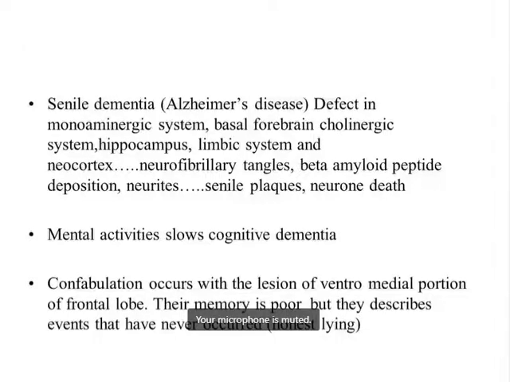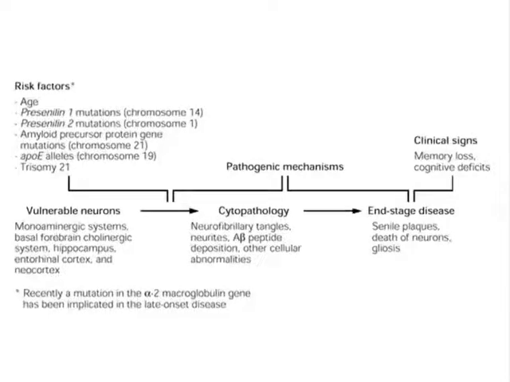This is Alzheimer's disease. The vulnerable neurons are in the monoaminergic system, basal forebrain cholinergic system, hippocampus, entorhinal cortex meaning parahippocampus, and neocortex. Histologically, there are neurofibrillary tangles, neurites, A-beta peptide deposition and other abnormalities, and that is called senile plaque.